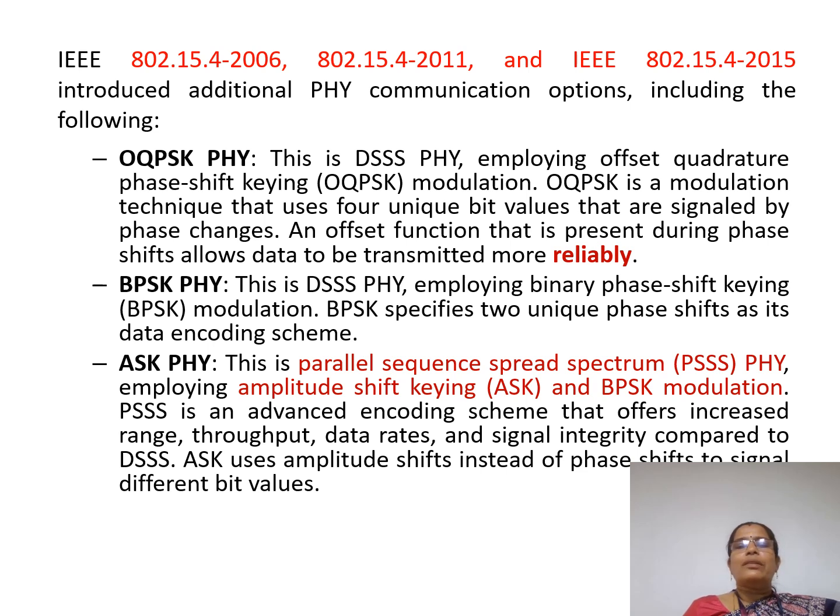This DSSS physical layer employs binary phase shift keying modulation. BPSK specifies two unique phases as its data encoding scheme. ASK physical layer is a parallel sequence spread spectrum and employs amplitude shift keying ASK and binary phase shift keying modulation. PSSS is an advanced encoding scheme that offers increased range, throughput, data rates and signal integrity compared to DSSS. ASK uses amplitude shifts instead of phase shift keying signal.